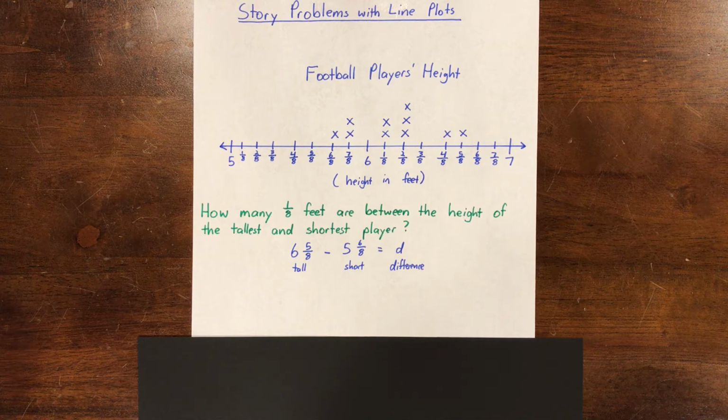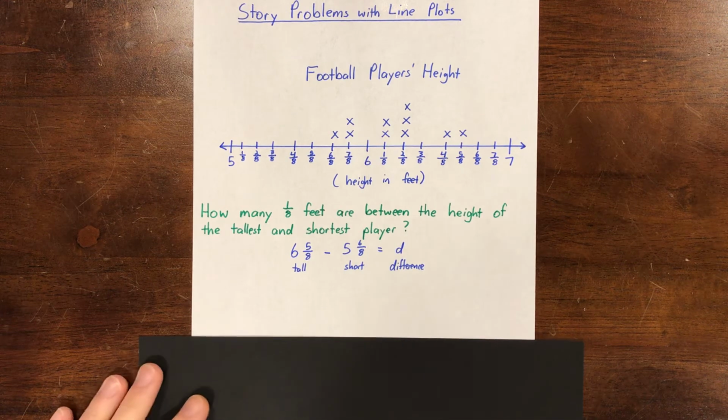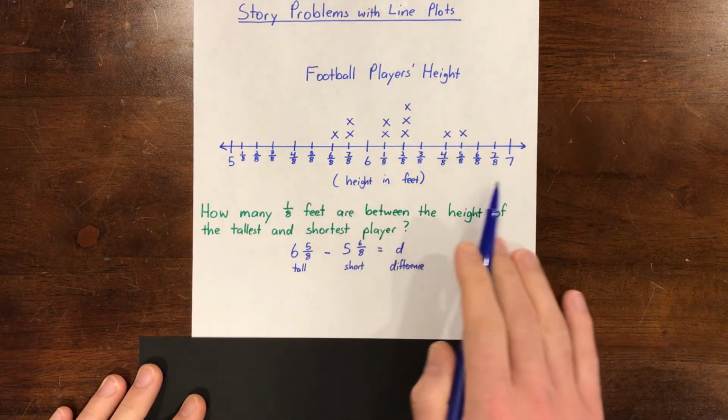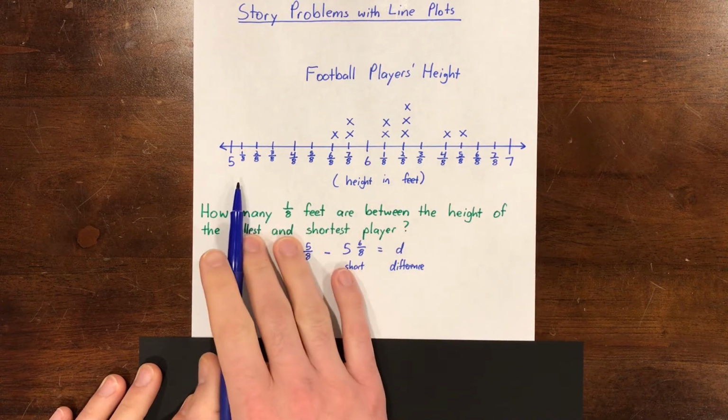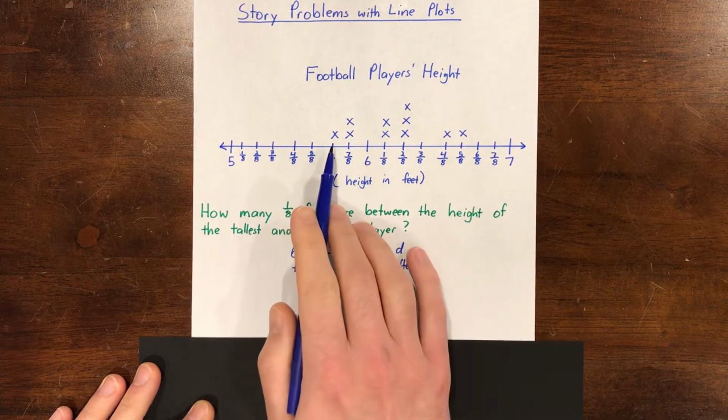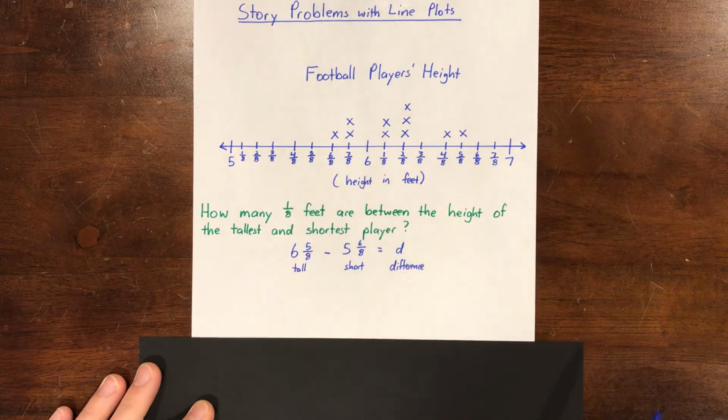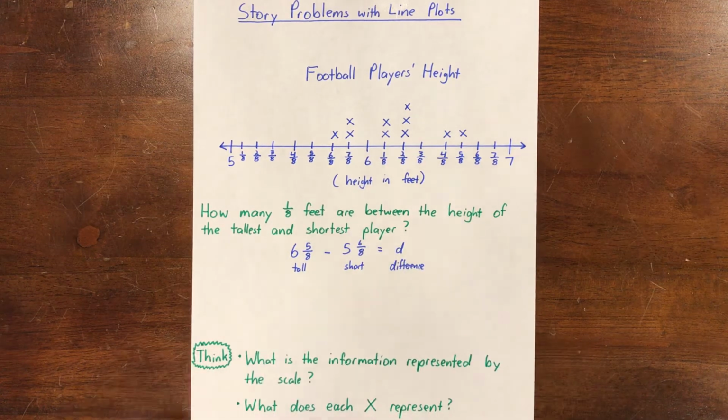A couple of things I imagine you did probably say was, one, what information is being represented by the scale? And then also, what does each X represent? Go ahead and read these thinking questions with me. What is the information represented by the scale? And what does each X represent?